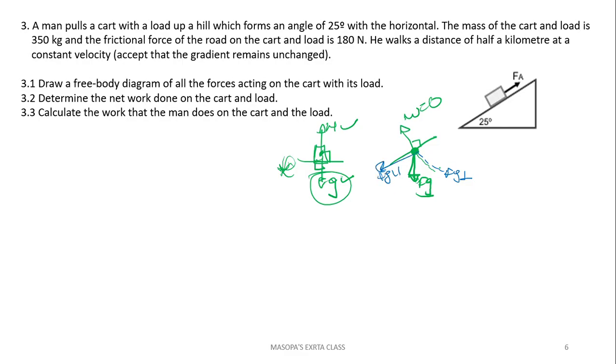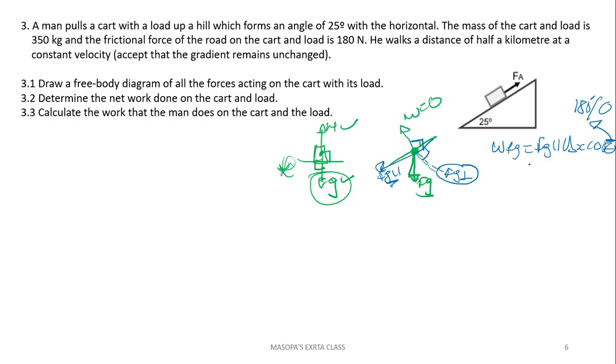Again, the force that acts perpendicular to the surface will produce 0 work done, as well as the Fg perpendicular, meaning that we have Fg parallel. So the work done equals Fg parallel times delta x times cos of theta, and the angle there is always either 180 or 0.